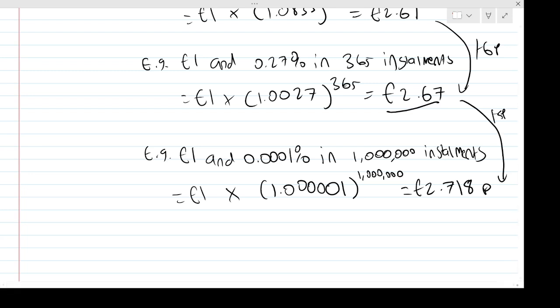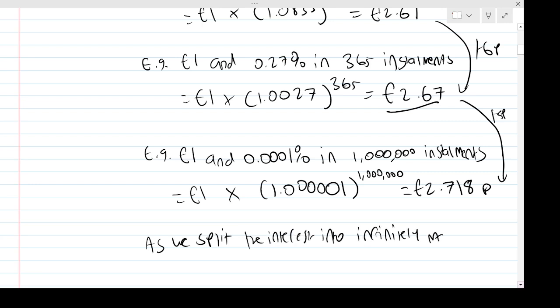And so actually, as we split the interest into infinitely many installments, we receive in total this number here.